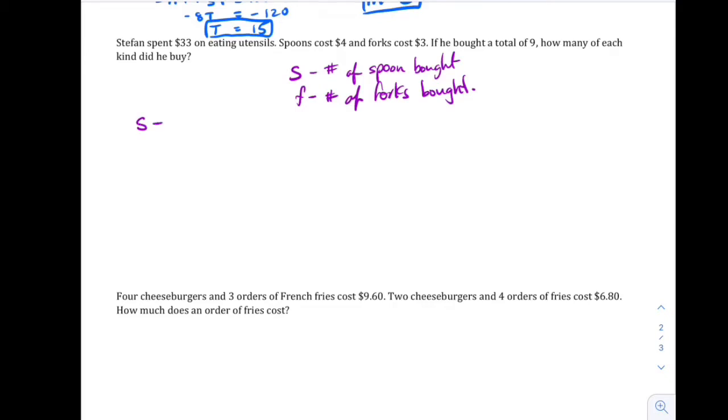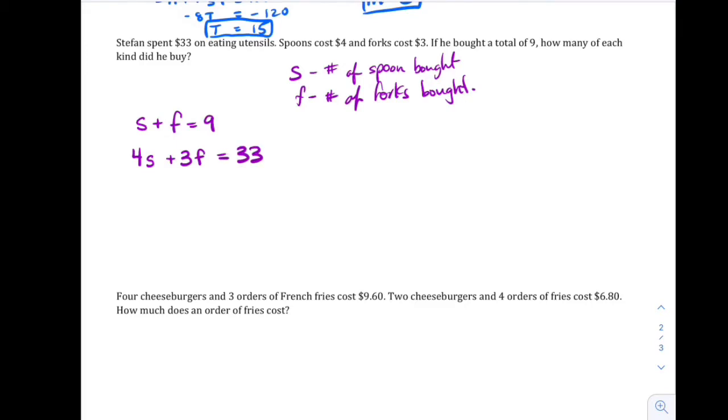So S plus F is equal to 9. Now I need to assign some money. So each spoon that he bought cost $4. So $4 times all the spoons that he bought, plus all the forks that he bought cost $3. So 3 times F would be the total amount that he spent on forks. And in total, he spent $33.